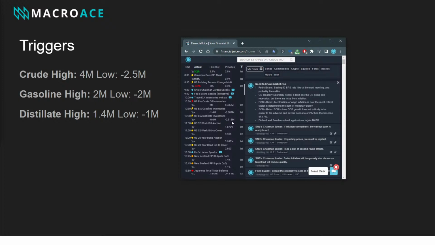And distillate expecting a build as well, at minus 0.6 million compared to the prior of minus 0.9 million. So overall, they're expecting a draw on the headline figure, and economists are expecting a build on the other two bits of data as well. Okay, so just the median projections then.